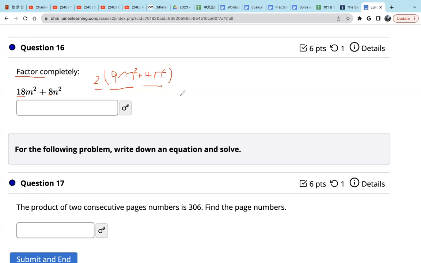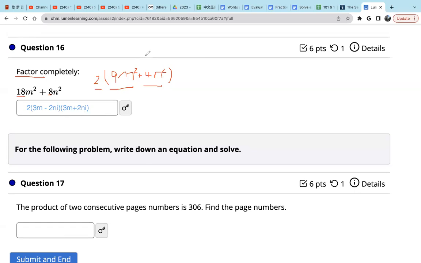In the complex number world, yes, we still can factor this, as (3m minus 2ni) times (3m plus 2ni). Okay, we see the imaginary number i appear.